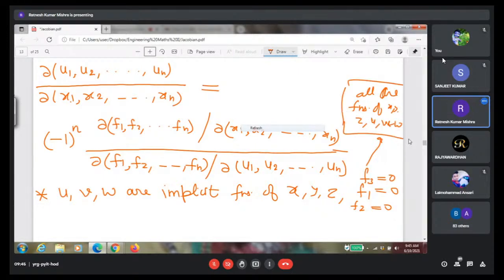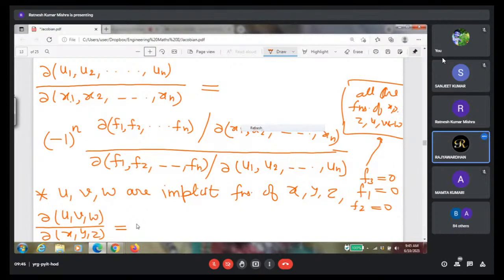Okay. So now in this case, what is the Jacobian of u, v, w with respect to x, y, z? Using any of the functions, it is minus 1 to the power 3.